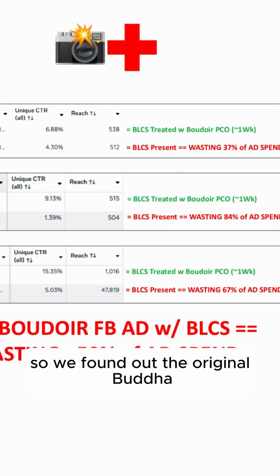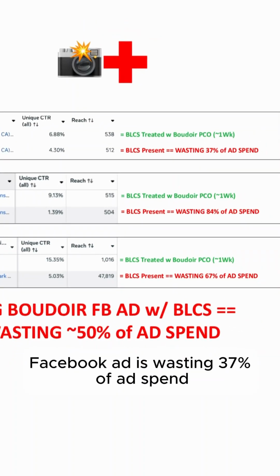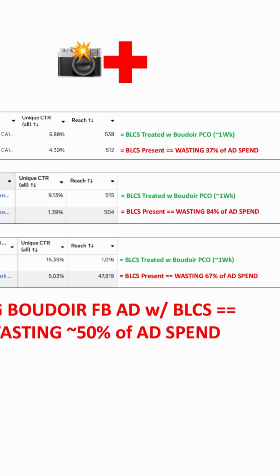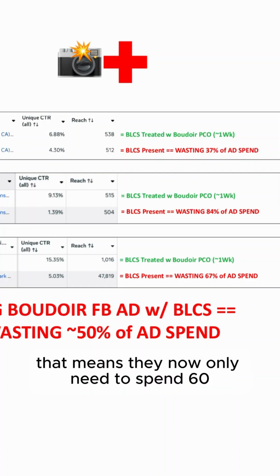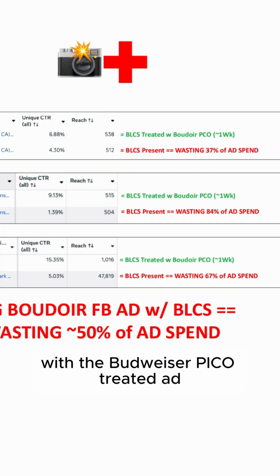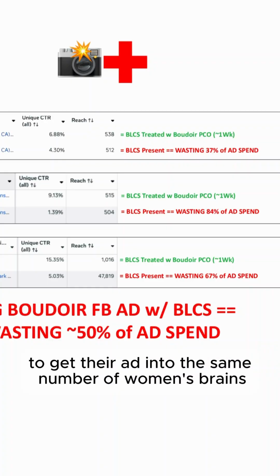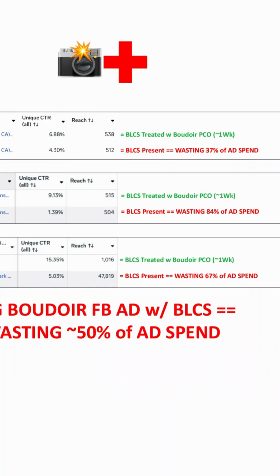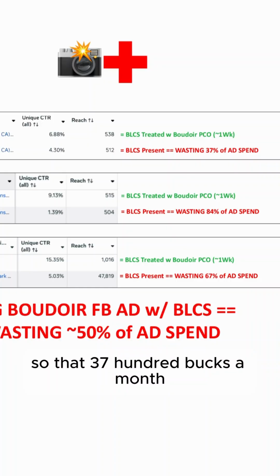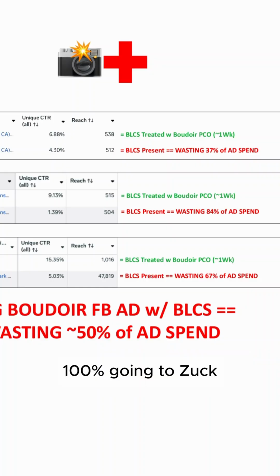So we found the original Boudoir Facebook ad is wasting 37% of ad spend. That means if they're spending 10 grand a month on the original Boudoir Facebook ad, they now only need to spend $6,300 a month with the Boudoir PCO treated ad to get their ad into the same number of women's brains. So the $3,700 a month is literally doing zero for them. 100% going to Zuck.